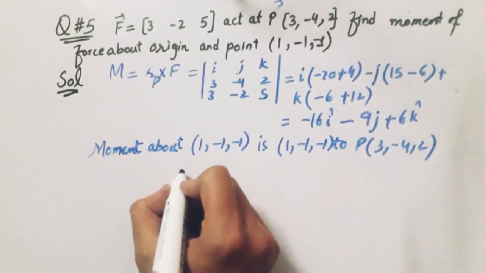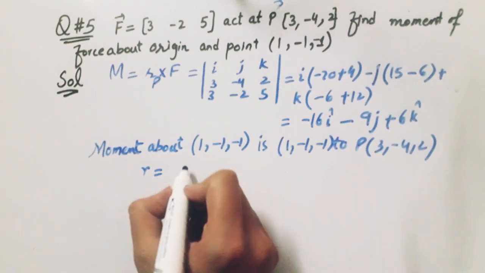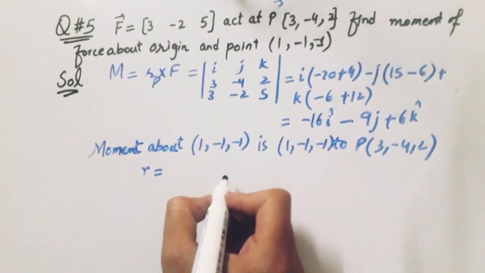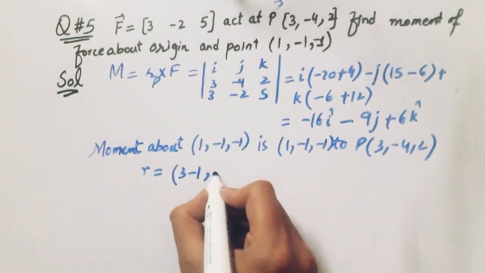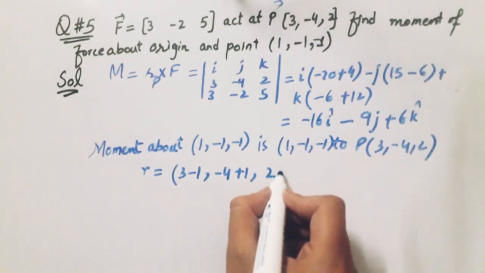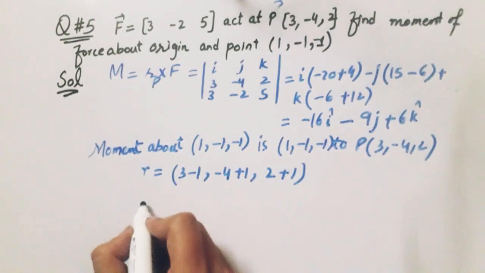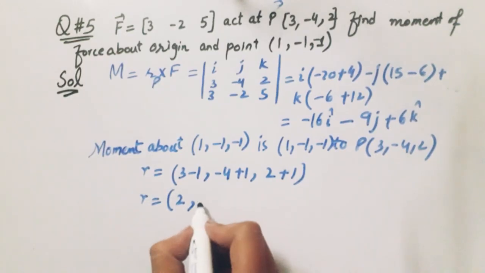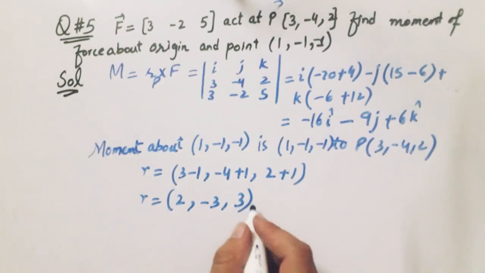So you will find the value of r here, that is 1 minus 3, minus 1 and minus 4 plus 1 and 2 plus 1. So r is equal to 3 minus 1 is 2, minus 4 plus 1 is minus 3, 2 plus 1 is 3. So these are the vectors.